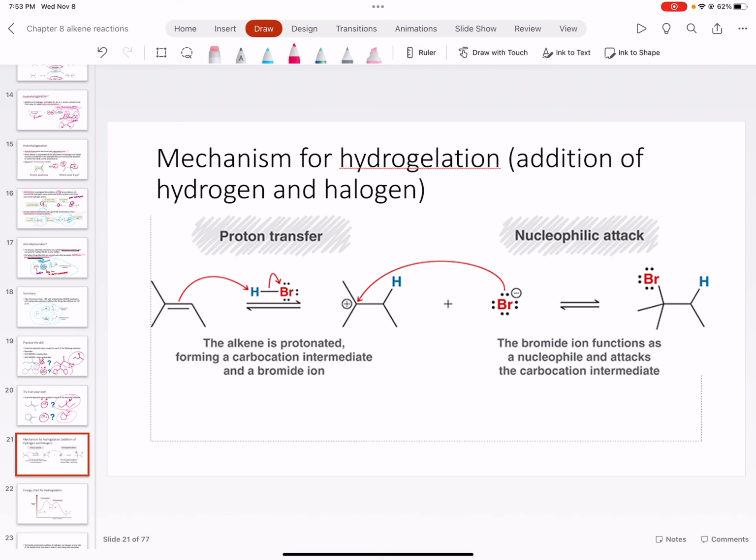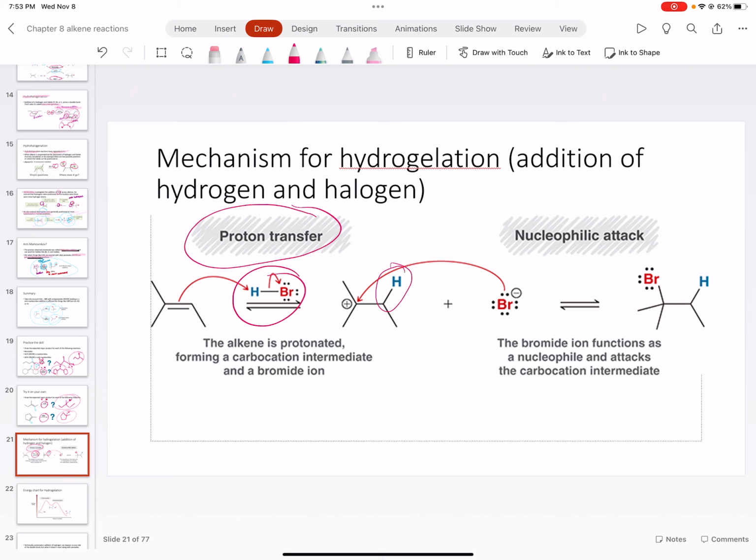So I thought about just showing you the mechanism. This is the mechanism for hydrohalogenation. In here we're not giving any peroxides. So we first had a proton transfer with our hydrogen going on the least substituted, which will be this side.